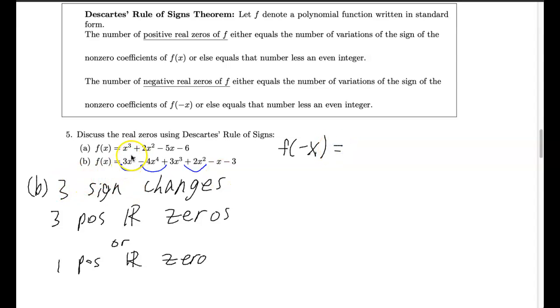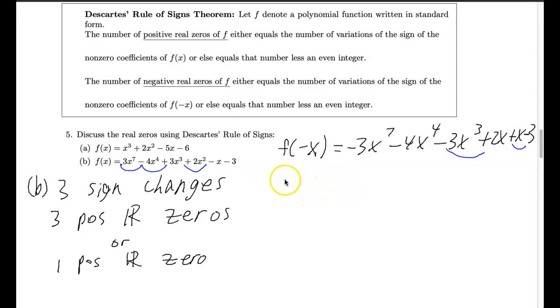the negative x to an odd power is negative, and then even it's going to stay the same. Odd is going to be minus, plus 2x squared, plus x, minus 3. And when we count the sign changes, 1 and 2.